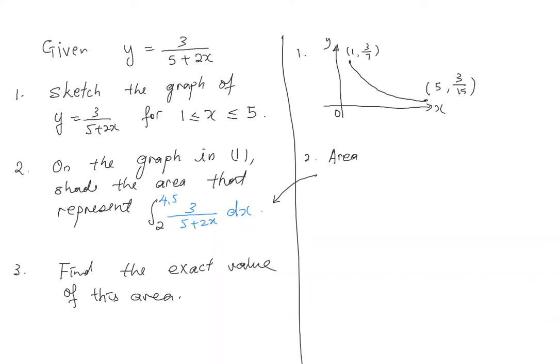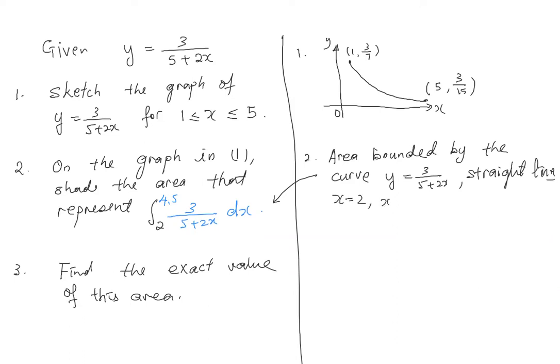So you have to know that this is the area bounded by the curve y equal to 3/5 plus 2x, straight lines x equal to 2, x equal to 4.5, and the x-axis.